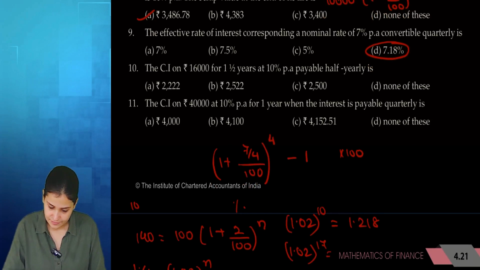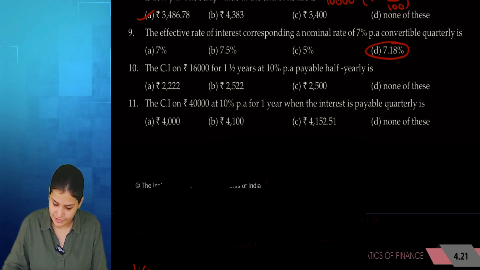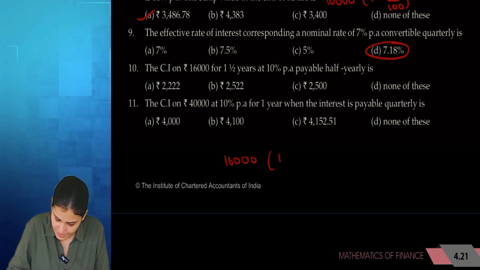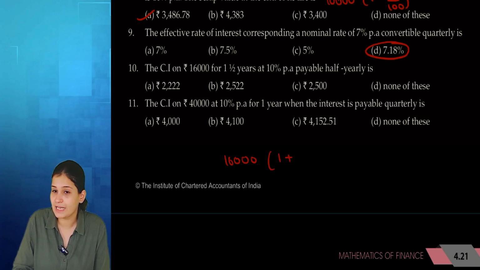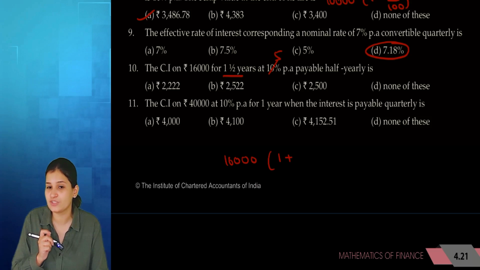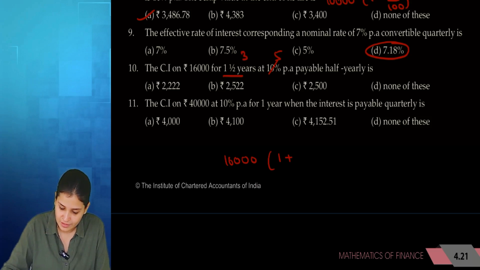Question number 10. We want to find out compound interest, so we can use the formula directly. 16,000, 1 plus 10% will become 5. And 1.5 year will have how many half-yearly installments? 3. 6 months, so 3 installments. So 1 plus 5 by 100 to the power 3.